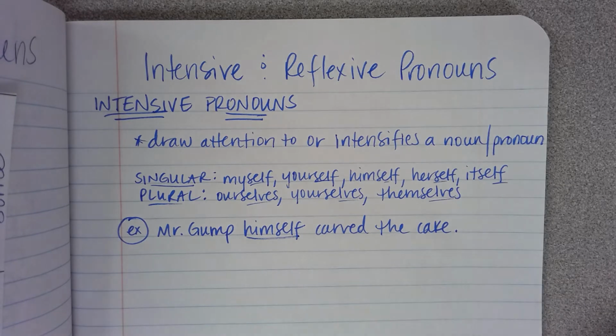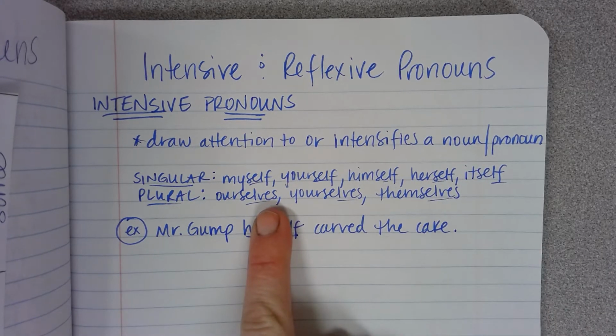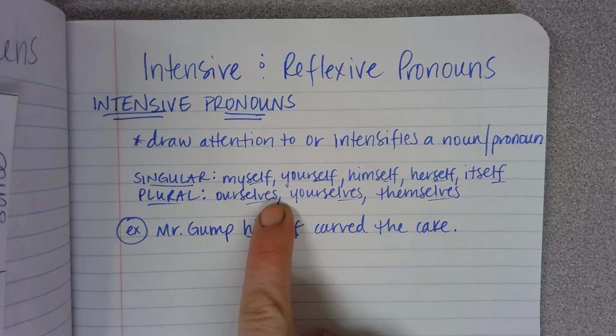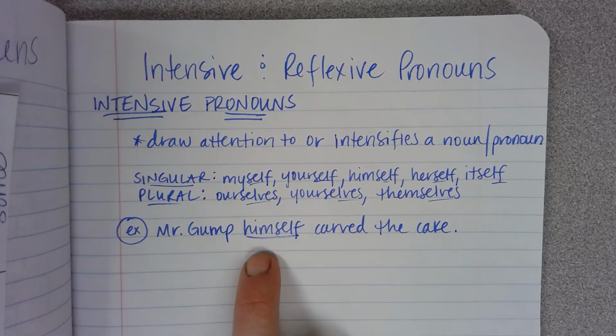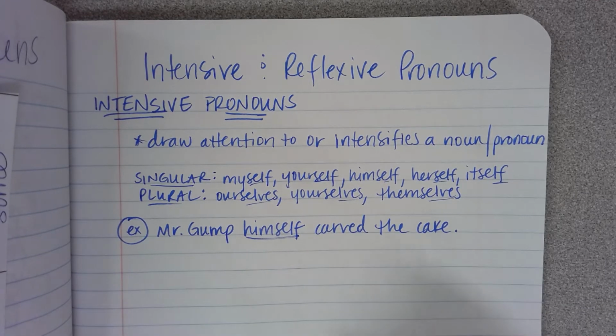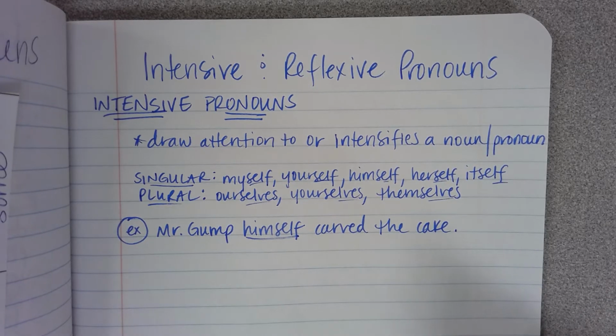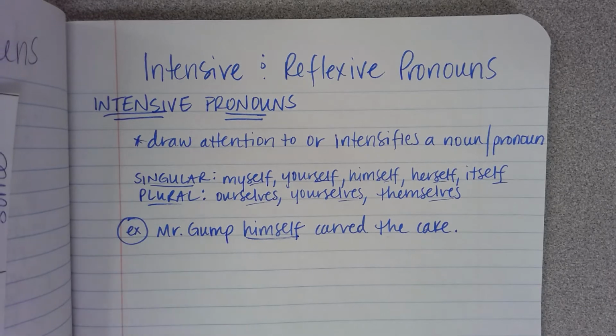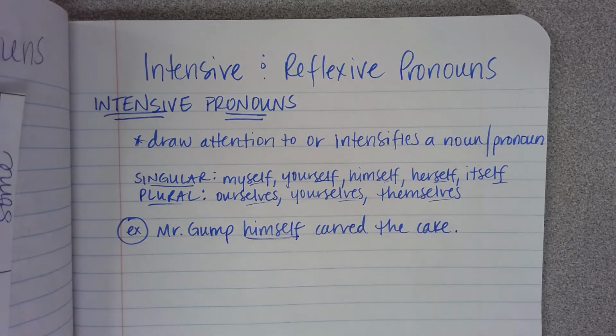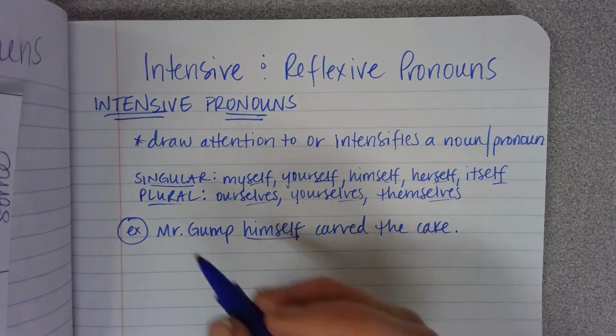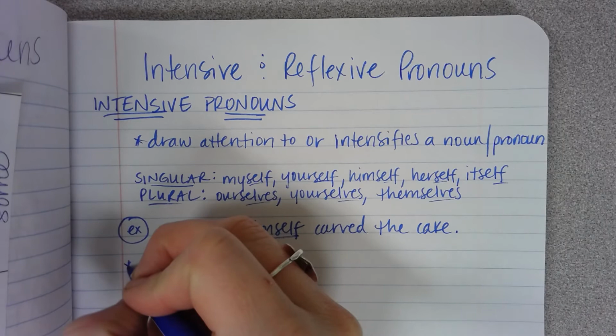That's why it's called an intensive. You could get rid of it in a sentence, and the sentence would still make sense on its own. Mr. Gump carved the cake. But by adding this in, it shows kind of like a capability that he isn't able to, or doesn't normally do, or doesn't normally do a good job, but Mr. Gump himself carved the cake, which means he did an outstanding job. So it just adds that intensity to the sentence.